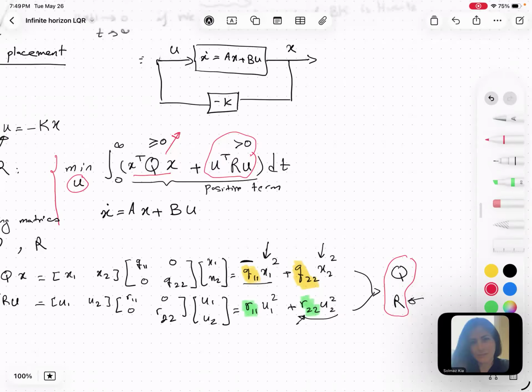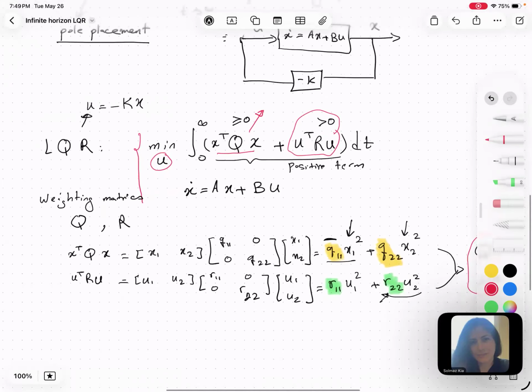So now with this setting, what we are going to do is look for the solution of this optimization problem. At first hand, if you look at it, it doesn't look straightforward. You have an integral from 0 to infinity.